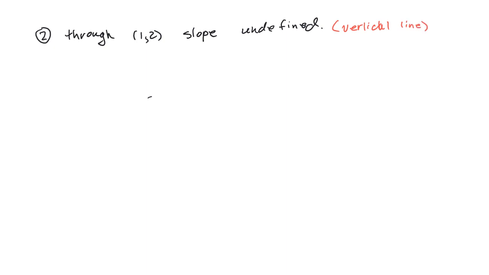Since we have a vertical line, all we have to do is use the x value from our point for our solution. So the solution is x is equal to 1. And what you would see on a graph is this, with your line being the blue line here, and its x-intercept would be 1.